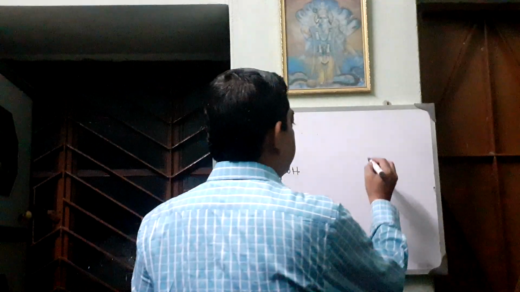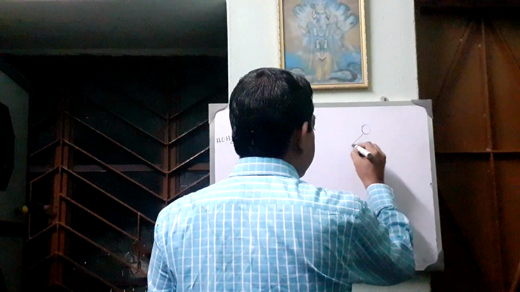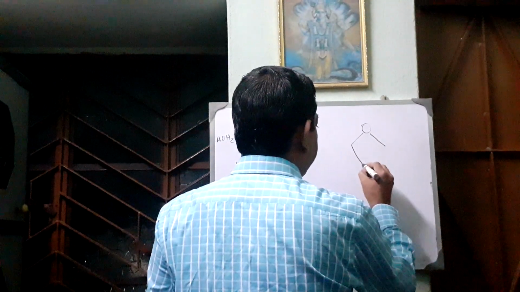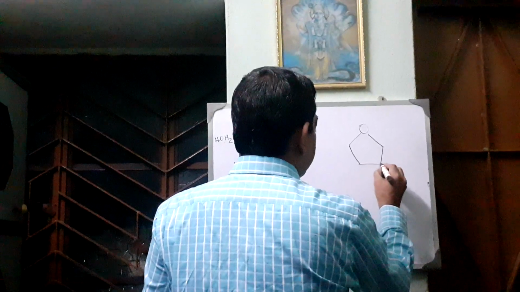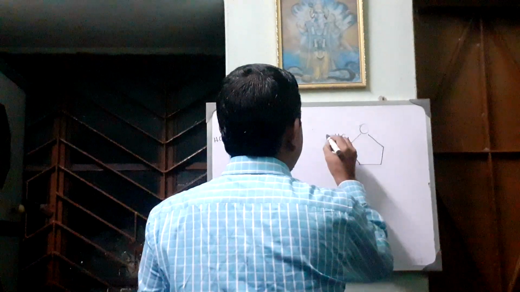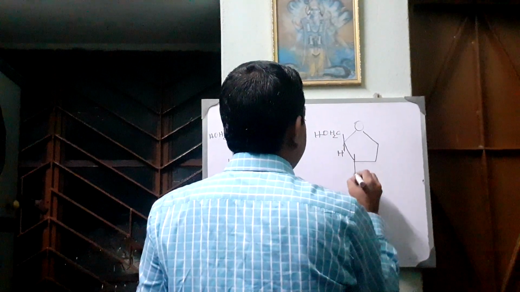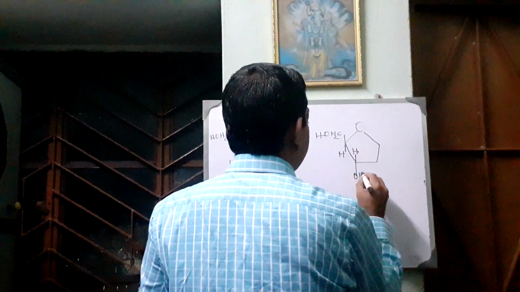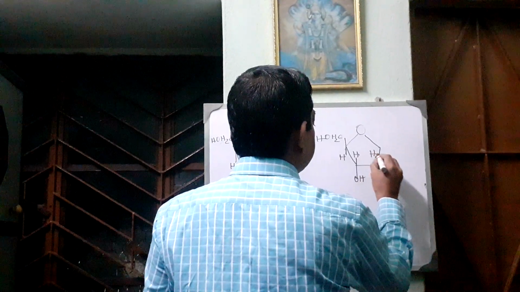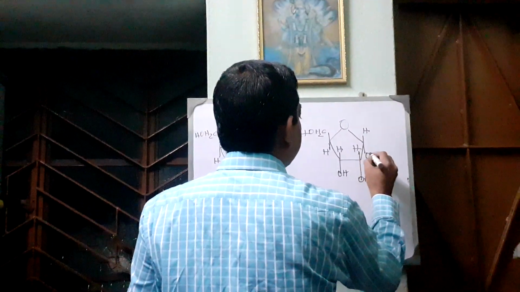In comparison with deoxyribose, another structure is the ribose structure. You can see the difference between the deoxyribose structure and the ribose structure. CH2OH, H, HOH, HOH, and HOH.